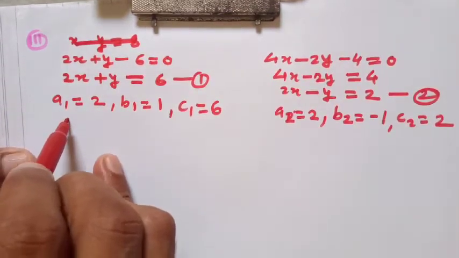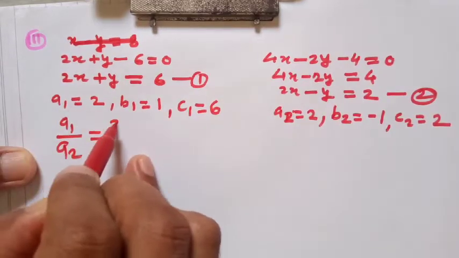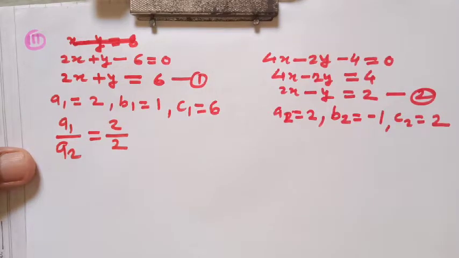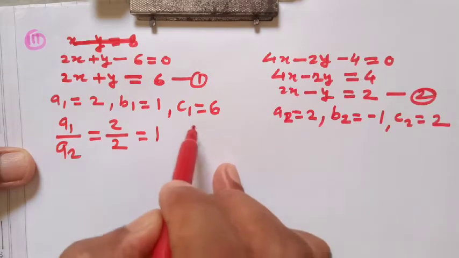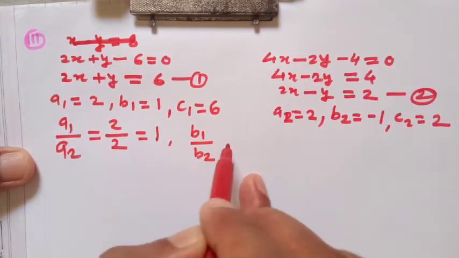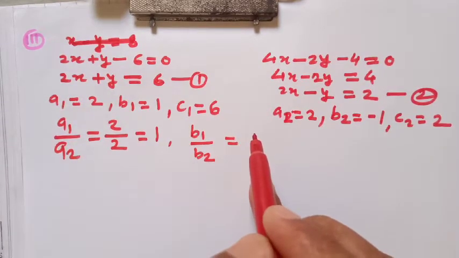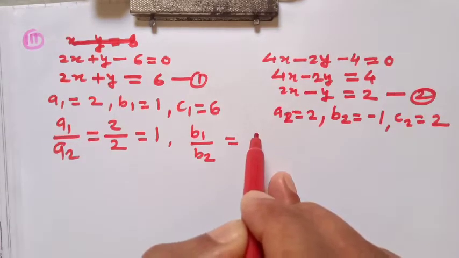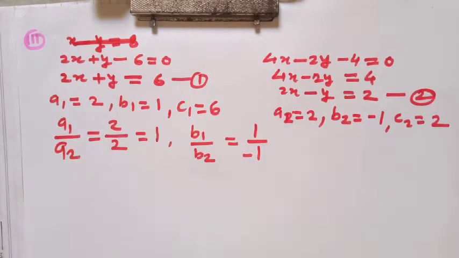Now just come to get the ratio a1 upon a2. a1 is 2, a2 is 2, clear? It means 1. Now b1 upon b2, here what is b1? 1, and b2 is minus 1.